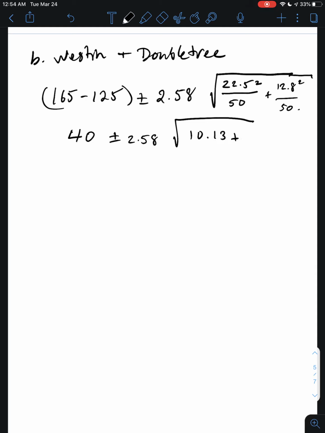10.13 if I round up. And the other one, we did this calculation before. I'm going to get 3.23. Add those two together. And then I take the square root.